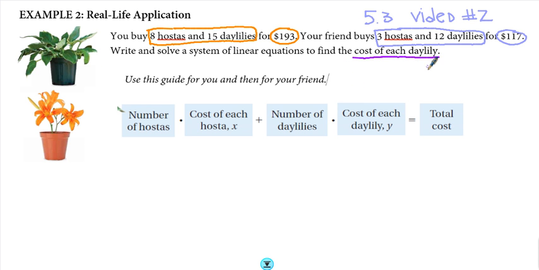That's going to be our variable, because that's what we're trying to find. Let's say X is the cost of hosta. That will be our X, because that's what we're trying to find.